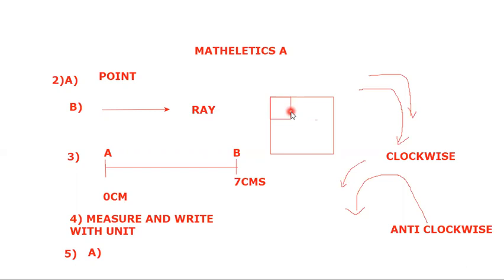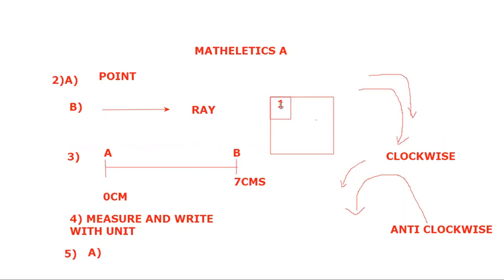Now, if this small square moves inside the larger square in clockwise direction, that means from left to right, then where will be the square in the next diagram? In the first diagram, that is number 1, it is here.